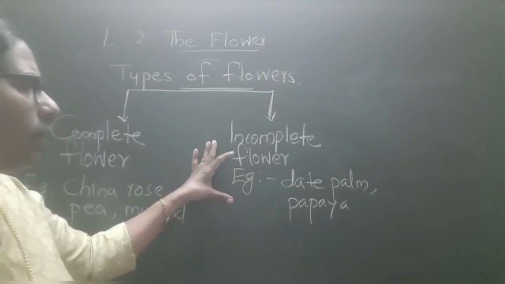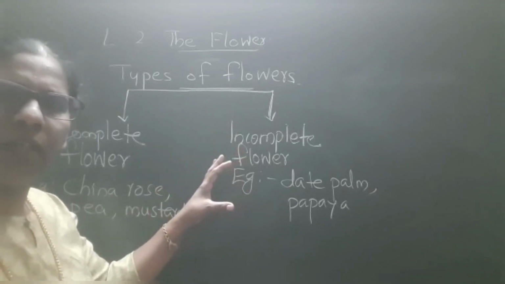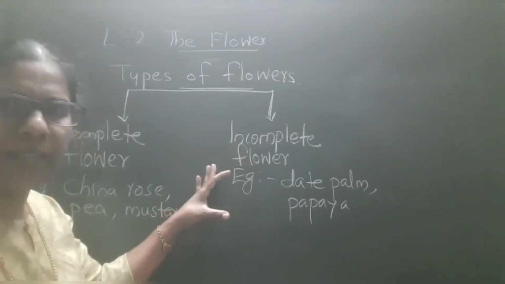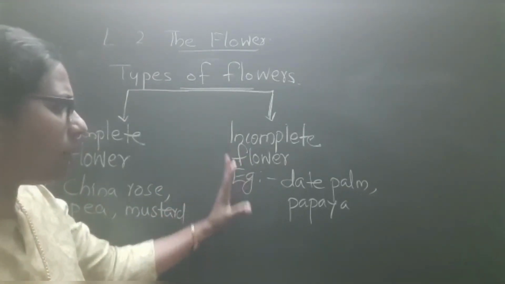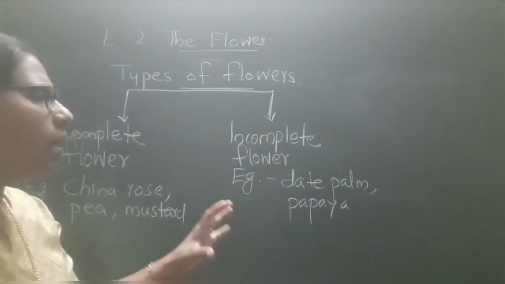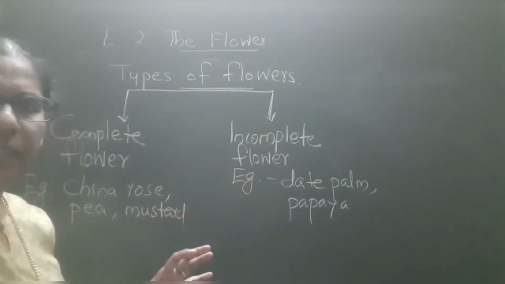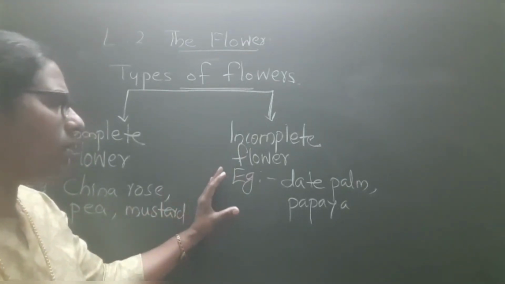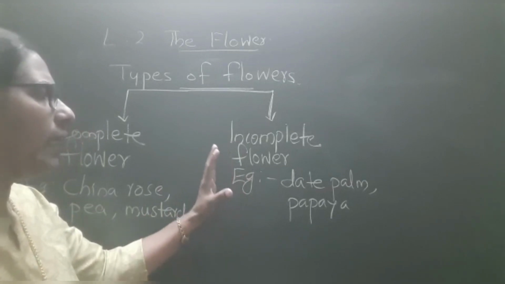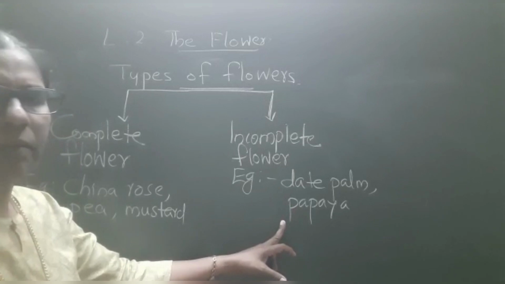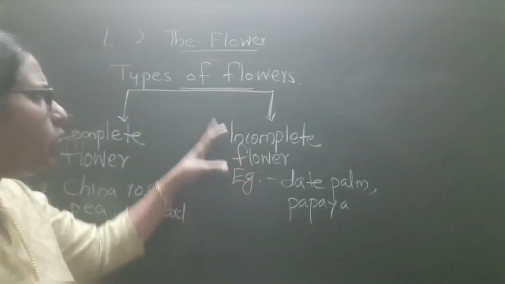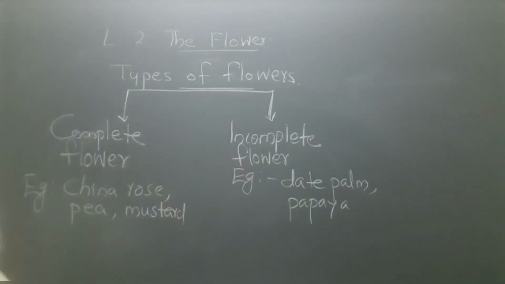A flower in which only one of the reproductive organs is present is called an incomplete flower. Any one whorl absent in a flower makes it an incomplete flower. Examples: date, palm, papaya. These are the two types of flowers.